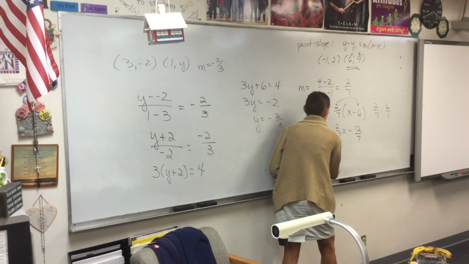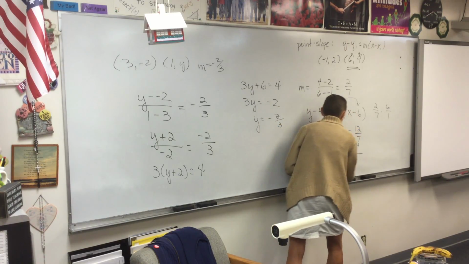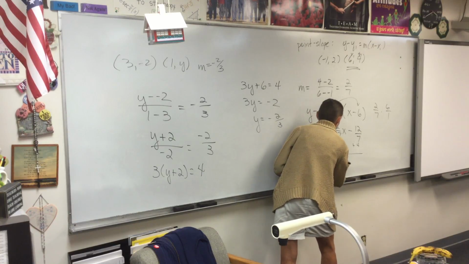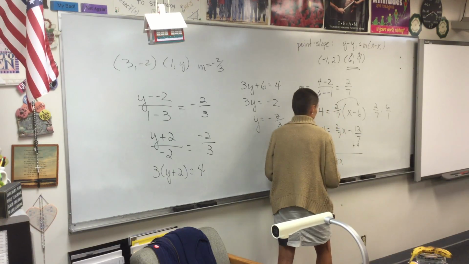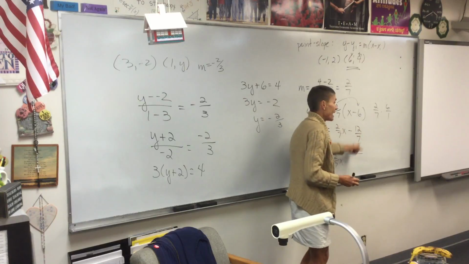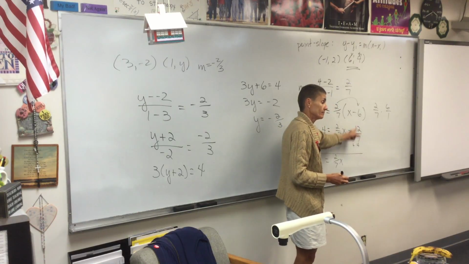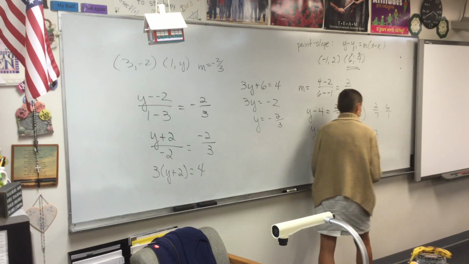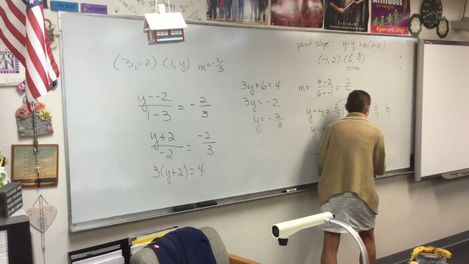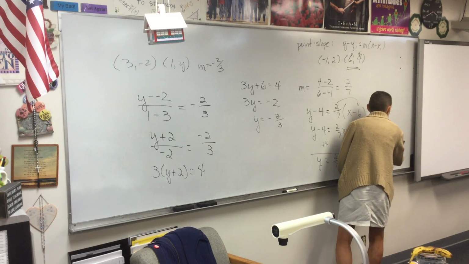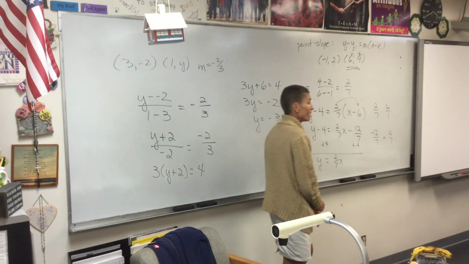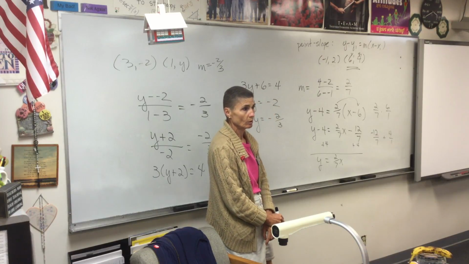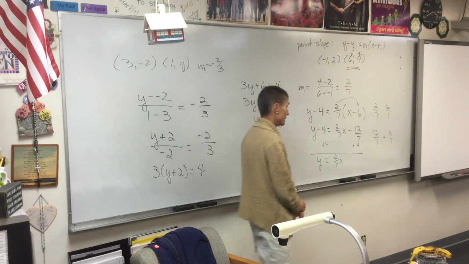Now I need to add this 4 to both sides. That means I have to add these together, right? So I have negative 12/7 and I have 4/1. When I add fractions, what's the rule? Common denominator.